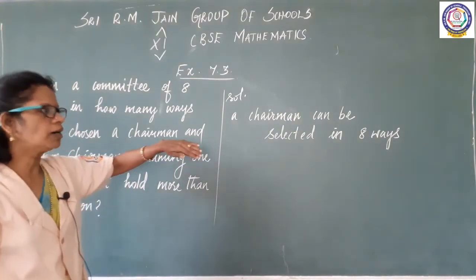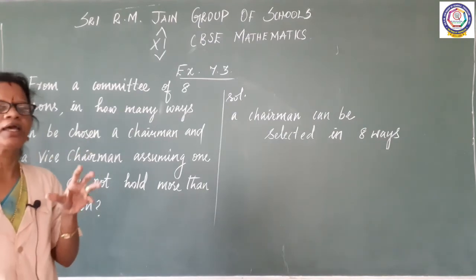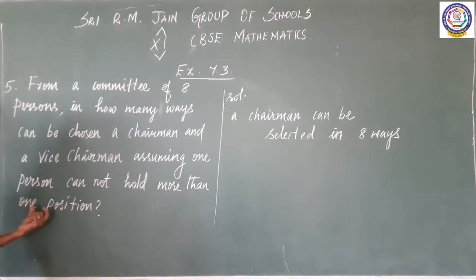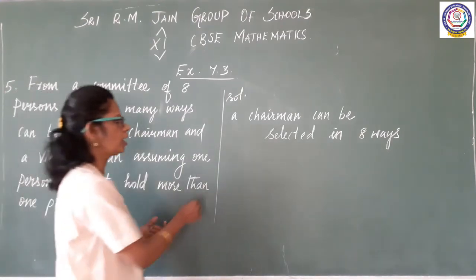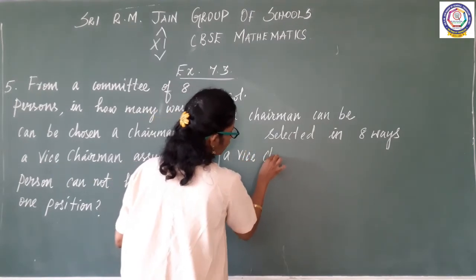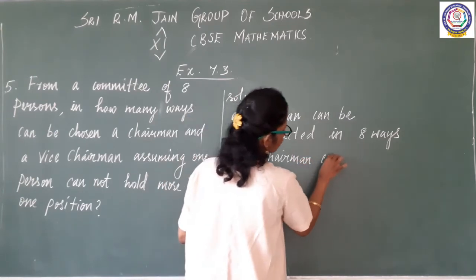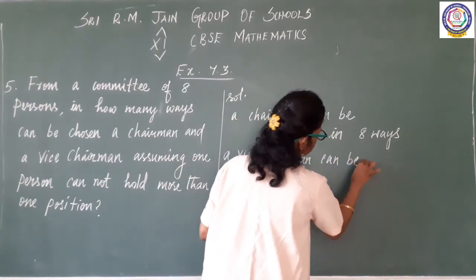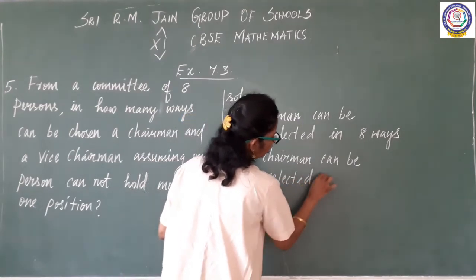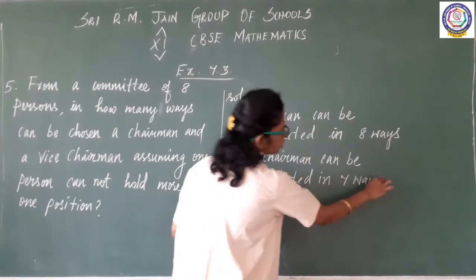Next, once a person is selected, remaining how many persons are there? Only 7. In that 7 only will get a priority to select a vice chairperson, right? A vice chairman can be selected in how many ways? 7 ways. How did I say 7 ways?